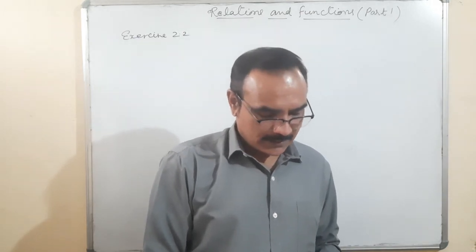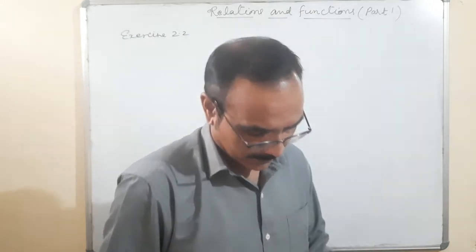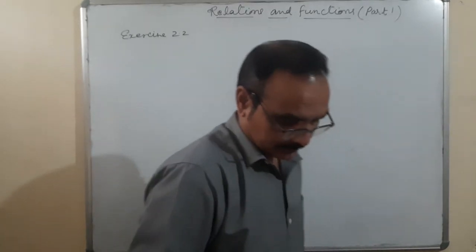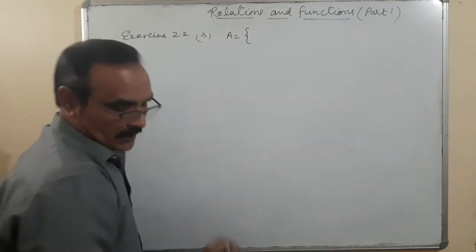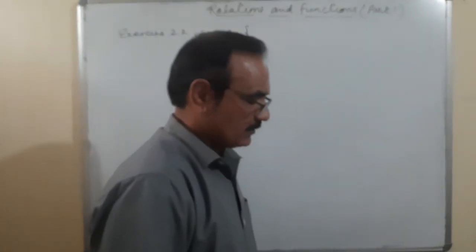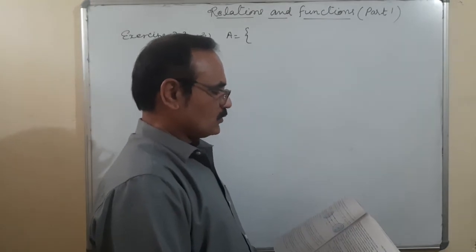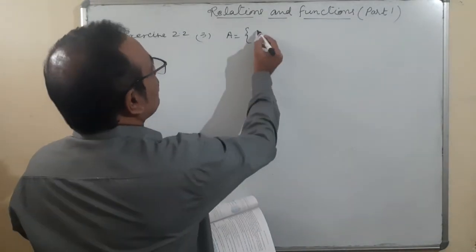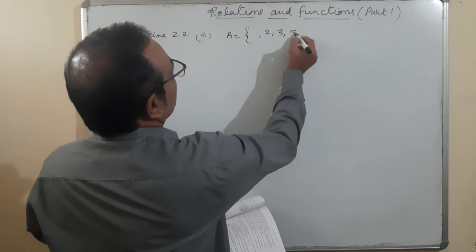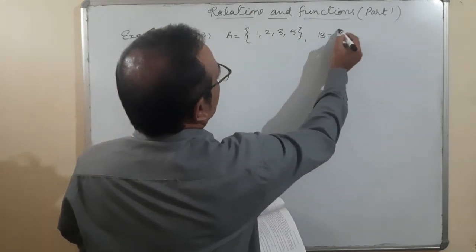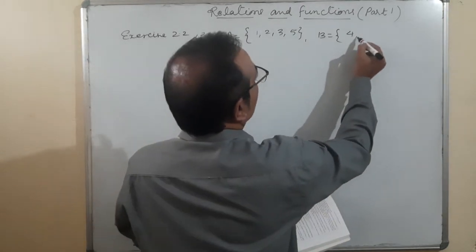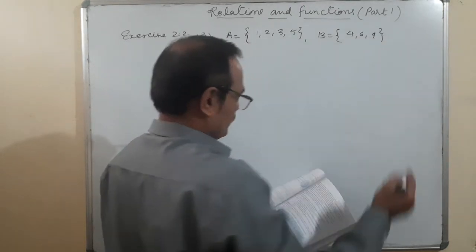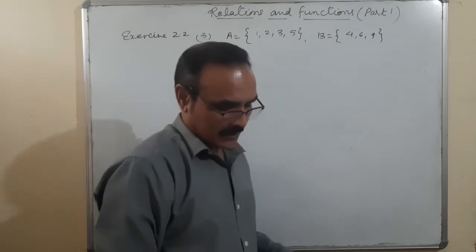Let us see question number 3. A is equal to, what is given? 1, 2, 3, 5. B is equal to 4, 6, 9.